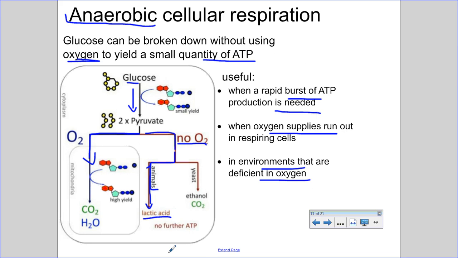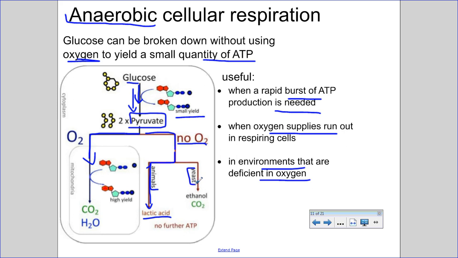And lactic acid is what causes that muscle burn when you've been running too fast, and is an indication that your cells have been respiring without any oxygen. And by generating that lactic acid, you're removing pyruvate from the cell, which can allow glucose to continue to be broken down to generate a small amount of ATP.